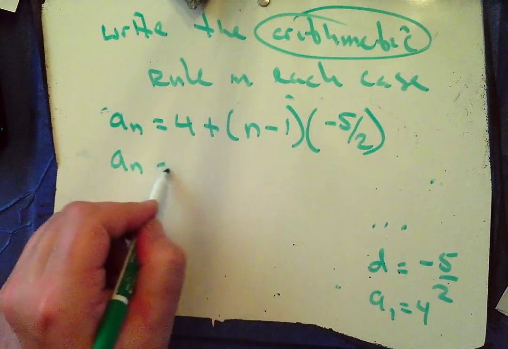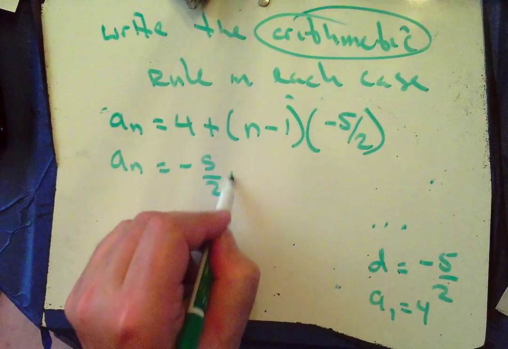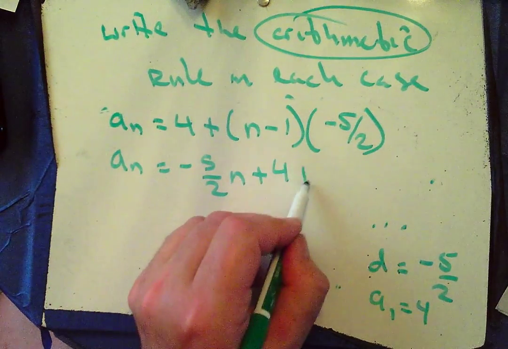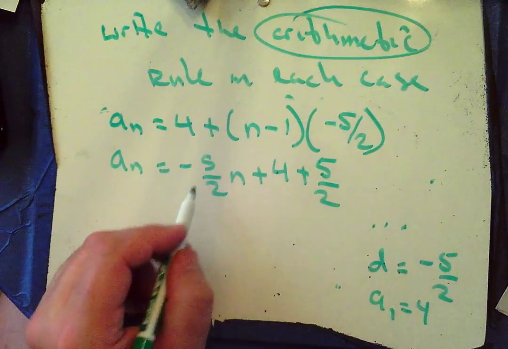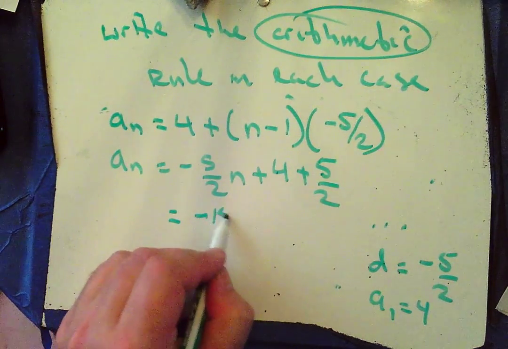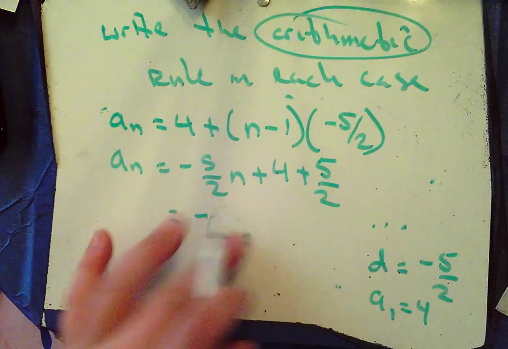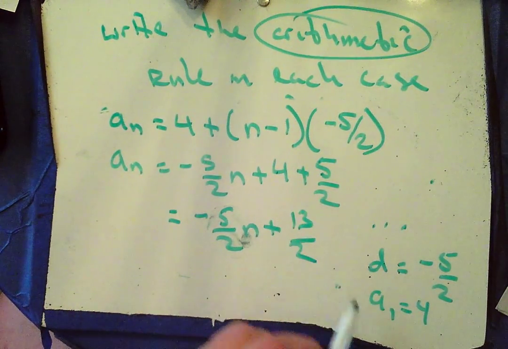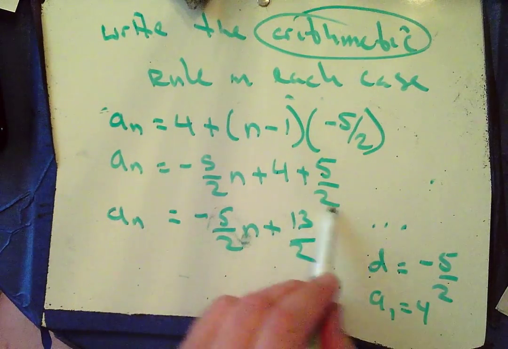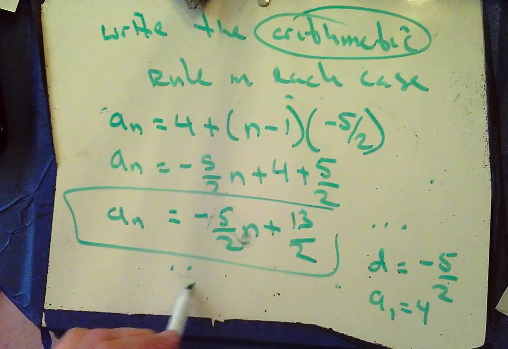Or a sub n equals -5 halves n plus 4 plus 5 halves. That's 8 halves plus 5 halves, which is going to be -5 halves n plus 13 halves. There's our arithmetic rule. Ta-da.